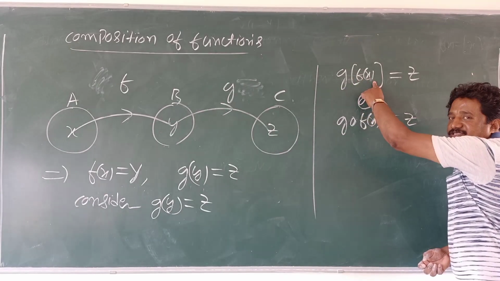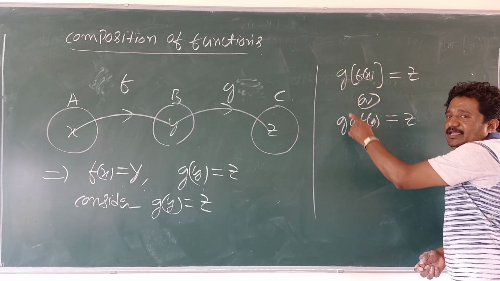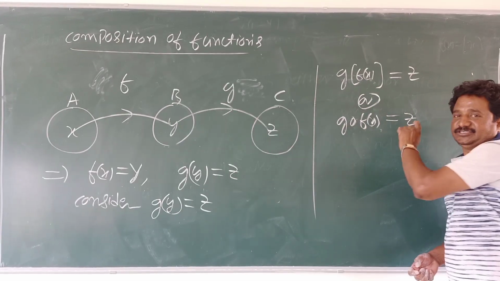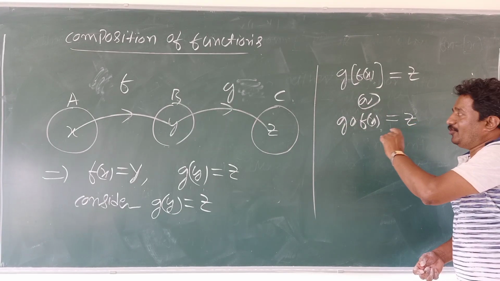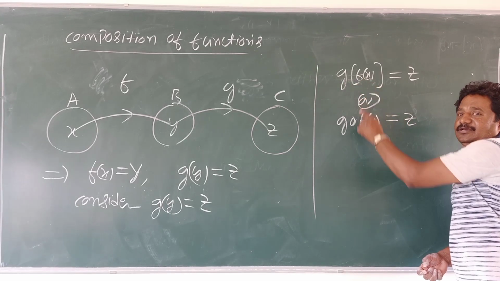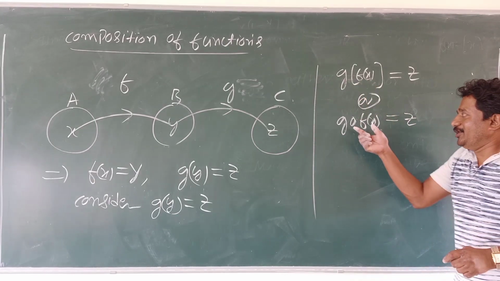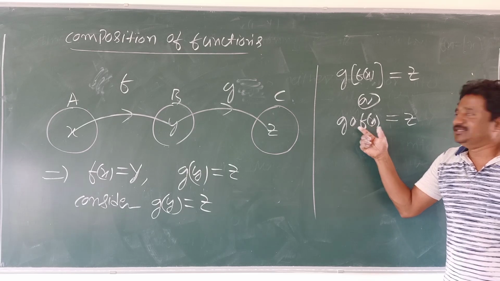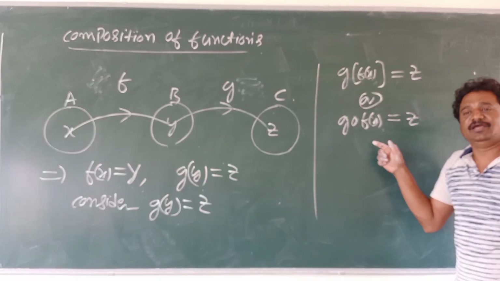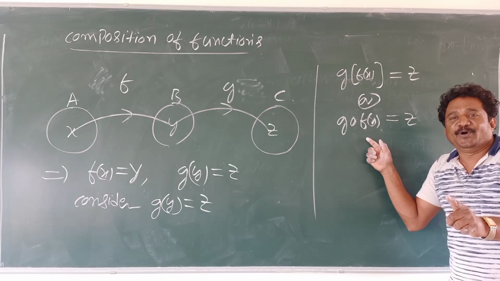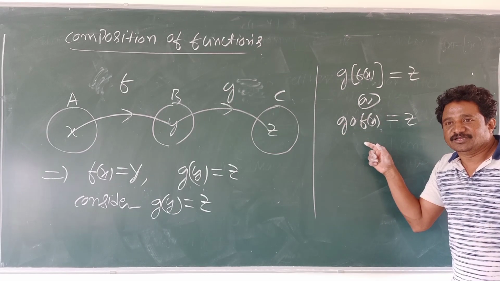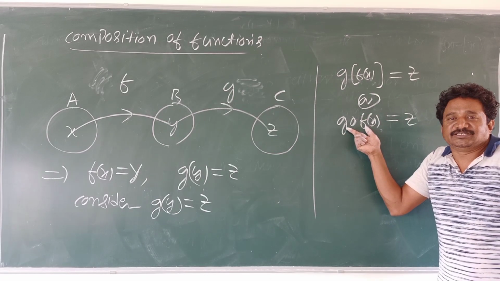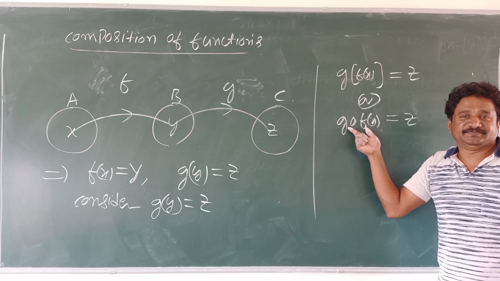How do you represent g into f(x)? g of f of x. How many functions are being mixed in this? 2 functions. Is it a compound function or a simple function? Compound. This is a compound function because 2 functions are mixed in this.